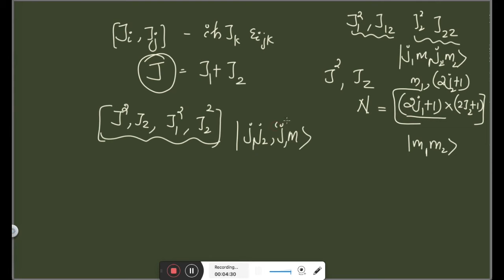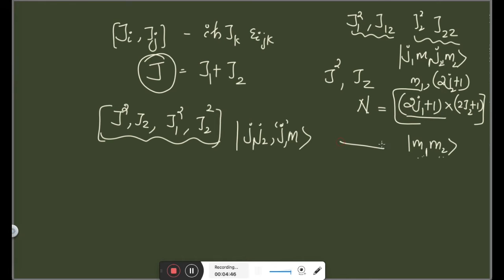Here you specify them not in terms of the individual components J1 set and J2 set, but in terms of the total J and the components of total J of the combined states J1 plus J2.